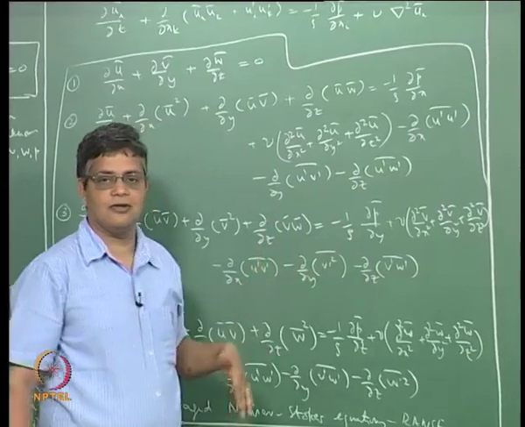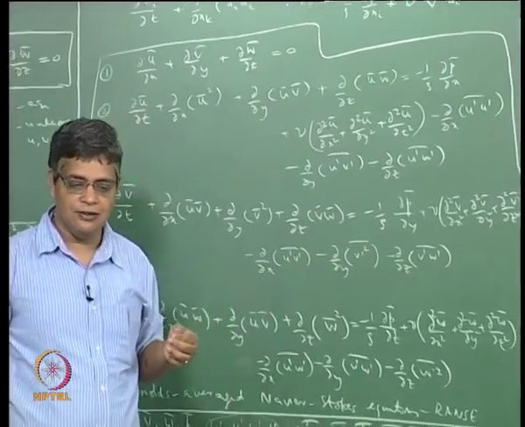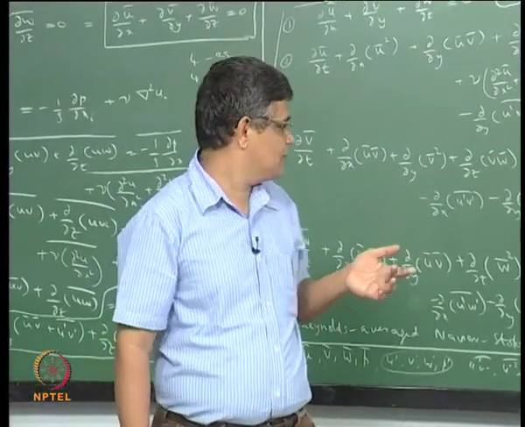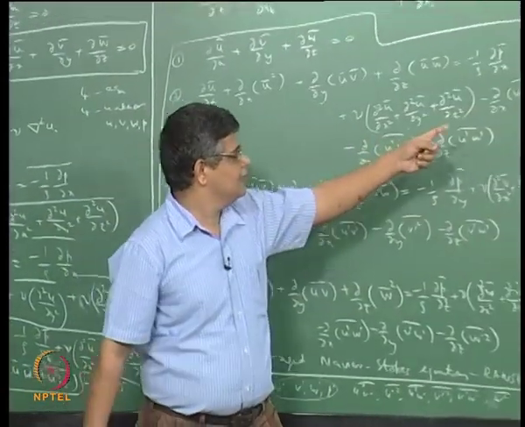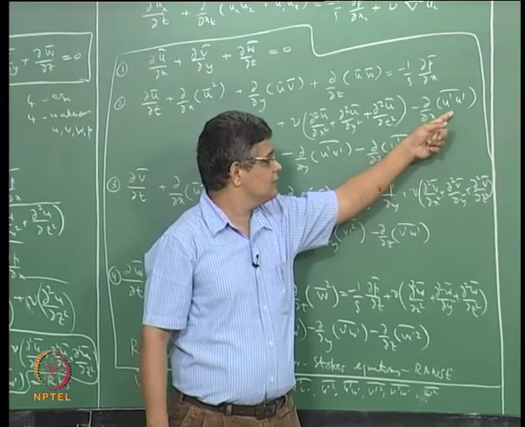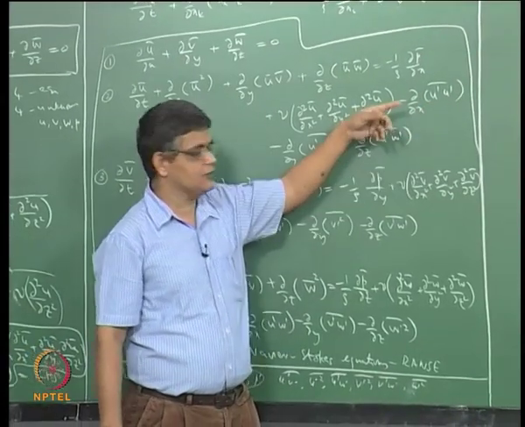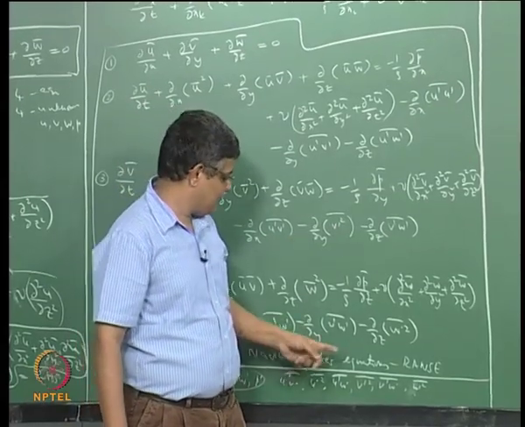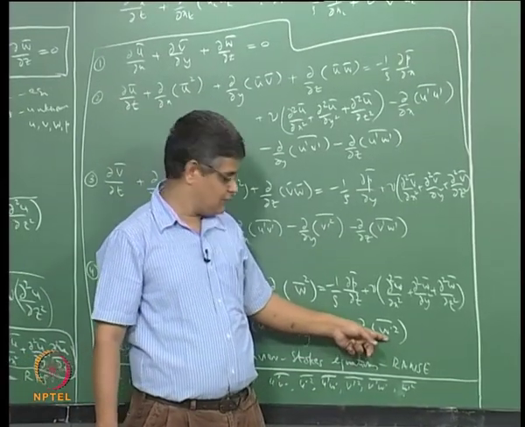We know that turbulent flow has fluctuations, so it must have fluctuations in u and v and w. Okay. So here we have the square of the fluctuation of the same quantity, so this cannot be 0 if it is turbulent flow, and similarly this cannot be 0 if it is turbulent flow, and this cannot be 0 if it is turbulent flow.